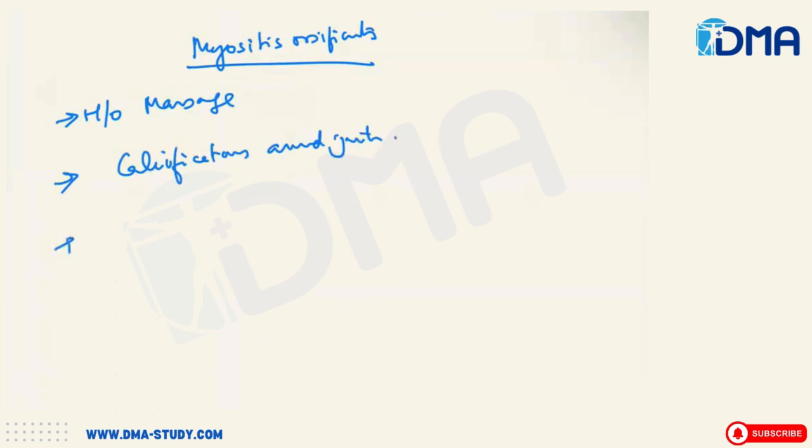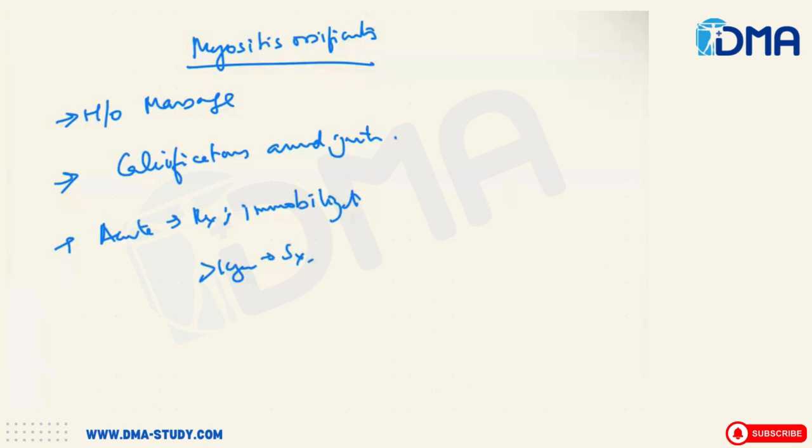In case of an acute presentation, you treat it by immobilization. If it's there for more than 1 year, then you have to proceed with surgery for the treatment of myositis ossificans.